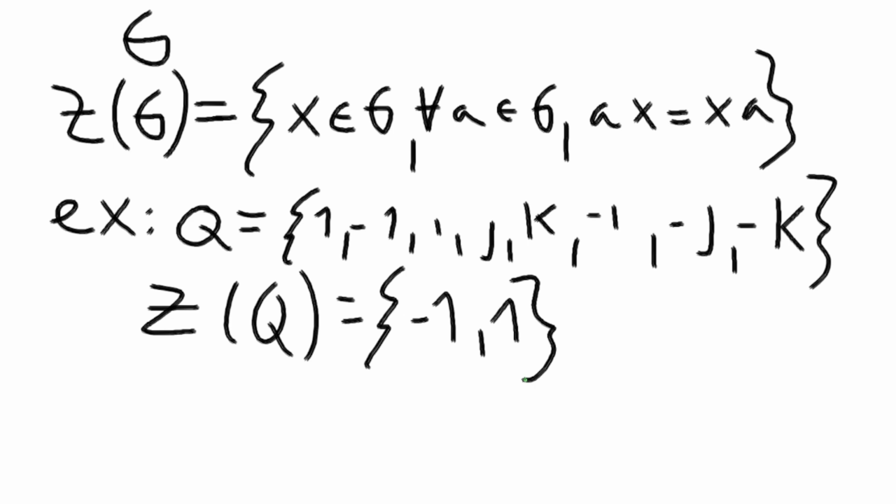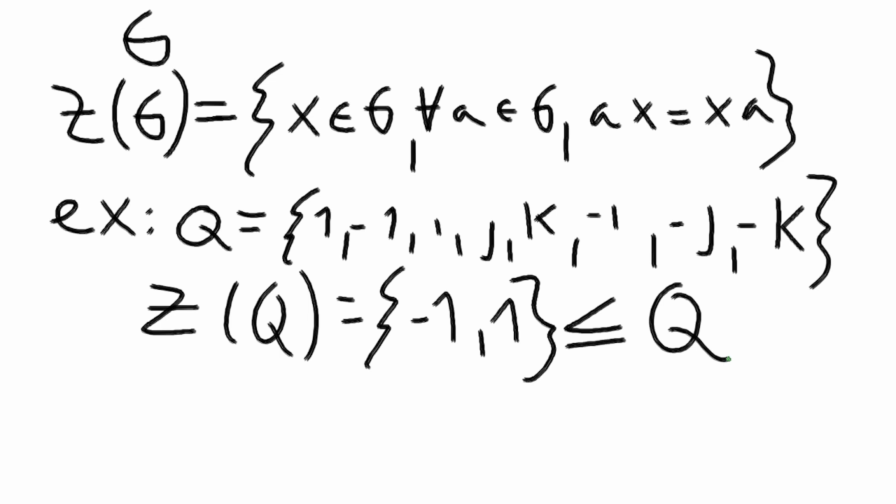And what we can look at is the fact that this is a subgroup of the quaternion group. So the center of a group is a subgroup of it. Here we see it in this concrete case. And precisely it's also an abelian subgroup because all its elements commute with each other.